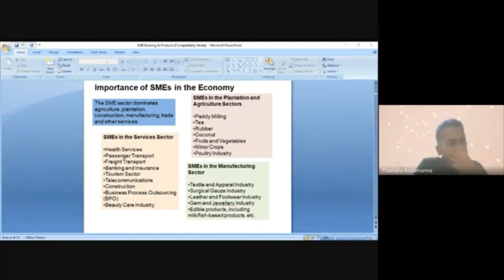Otherwise, he might not ask about which sectors SMEs operate their businesses in. That sort of question may not be there.